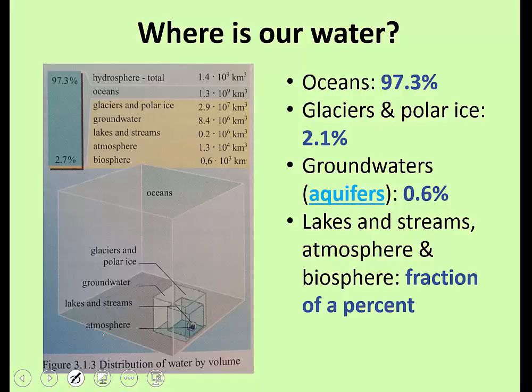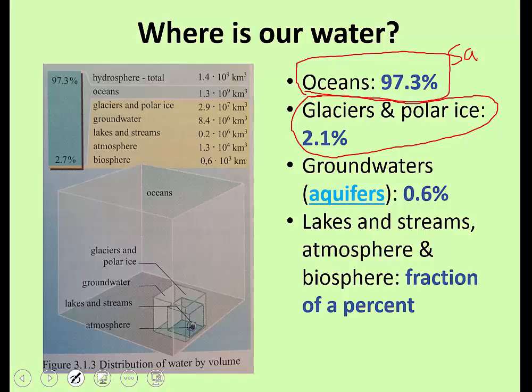All right, now in that cycle, we had all different sources of water, but where is that water? As you well know, the majority of our water on Earth is in the form of an ocean. The oceans contain 97.3% of all water on Earth. Another 2.1% is in glaciers and polar ice, so that's fresh water.